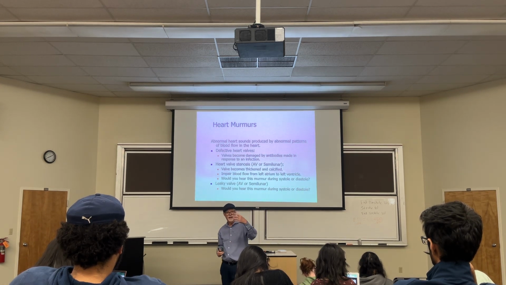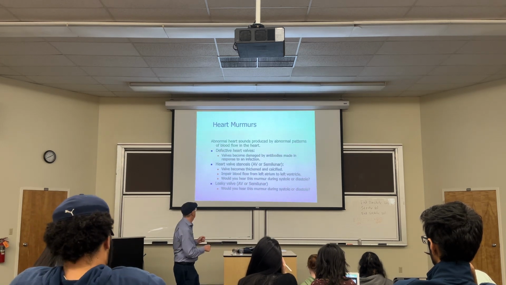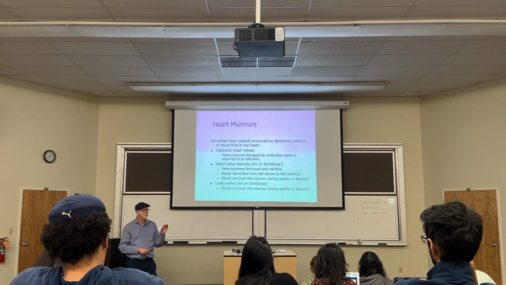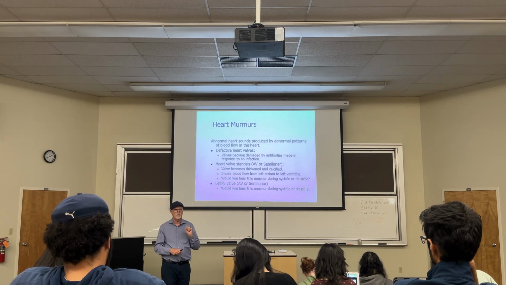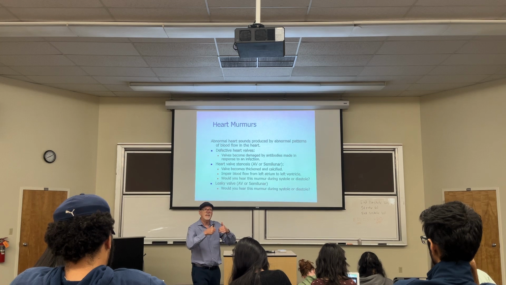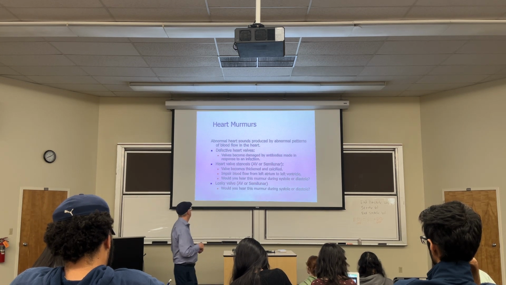It doesn't let the fluid, in this case blood, go through very efficiently. That's a stenotic valve. If it's a leaky valve, sometimes we use the name insufficient. That just means it's leaky. That means when it's closed, it's leaking some fluid back through it. We don't want that either. Okay.